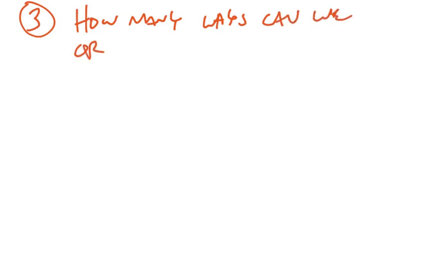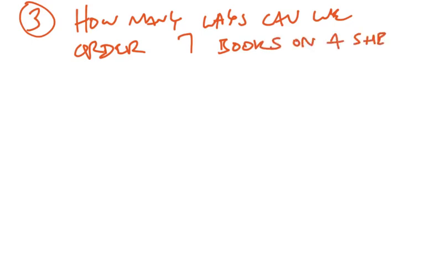Let's say, how many ways can we order maybe 7 books on a shelf? When I say order, I just mean put them on the shelf in some specific order.